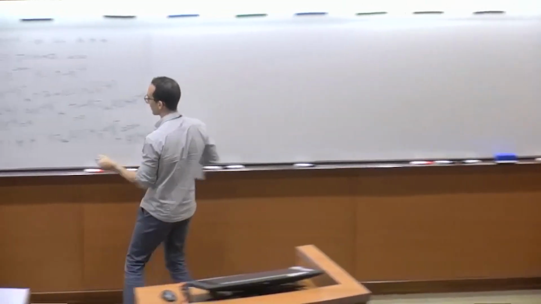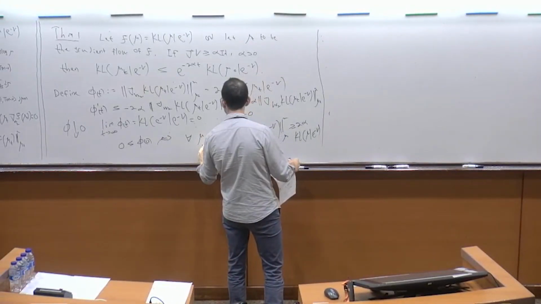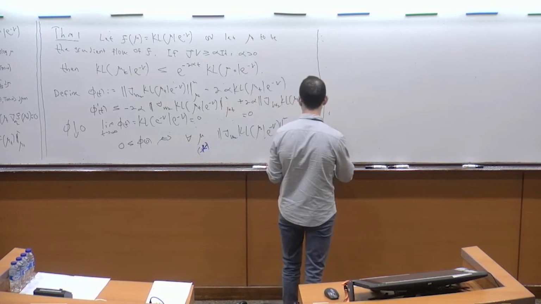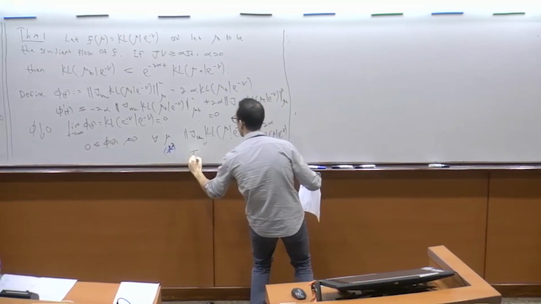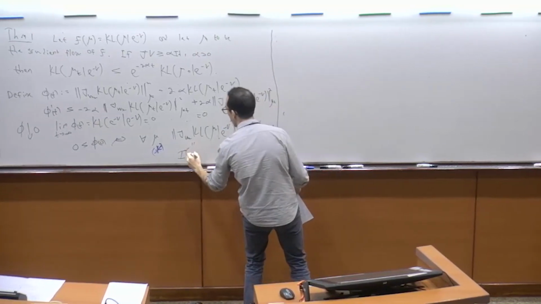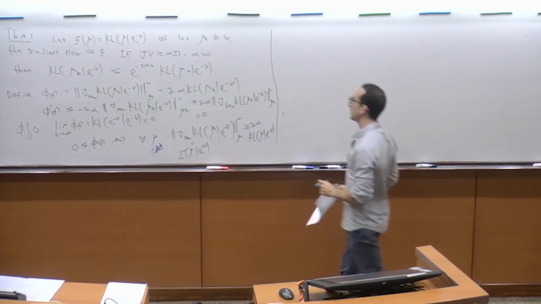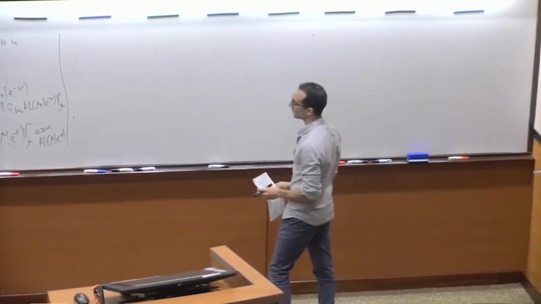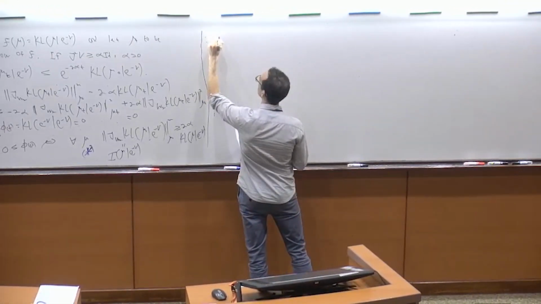Let me call this inequality star. And also, I'll say it in words, this is equal to the relative Fisher information between mu and the stationary distribution. So we'll just turn it into a definition.